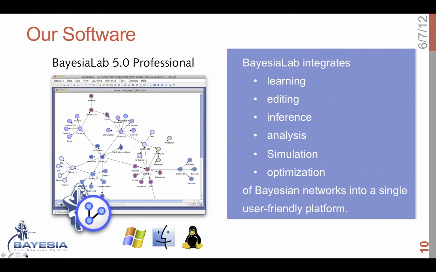As of this week, we actually have BayesiaLab 5.07, and that's the platform that allows us to integrate learning, editing, performing inference, analysis, simulation, optimization, all within the same user-friendly platform, which is, of course, available for Windows, Mac, Linux, etc. So this will be at the very core of the application that we showed today, but the whole purpose of today is extending and going beyond and very, very formally eliciting knowledge that we can then utilize within BayesiaLab.